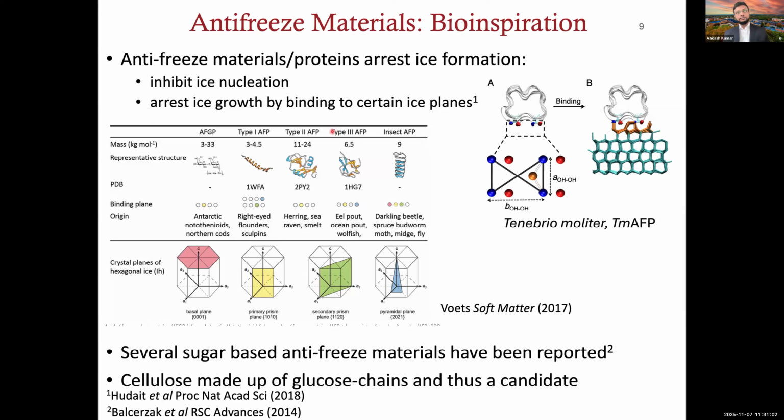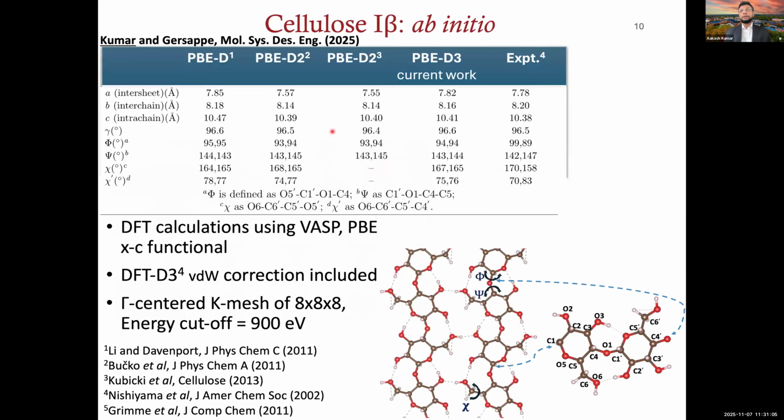And this is where DFT, the model I just introduced, is amazing, because it can really account for the fundamental interactions. To begin with, we focus on the cellulose crystal structure, which is this I beta, and compute the basic, very relevant properties to understand how the crystal structure looks.